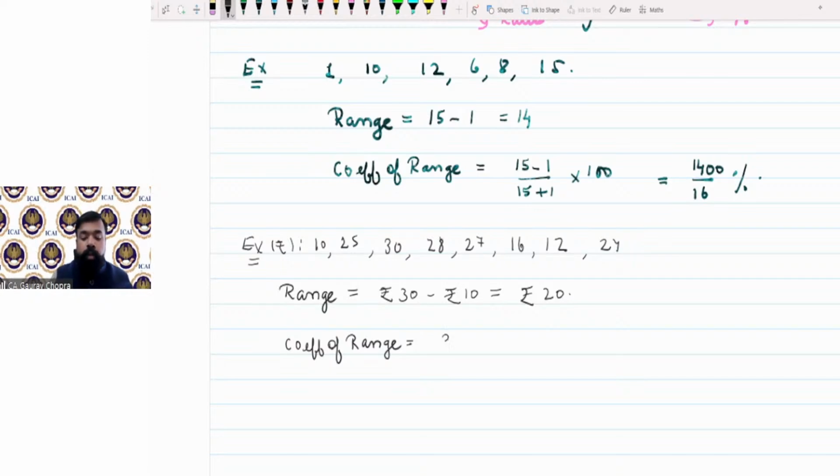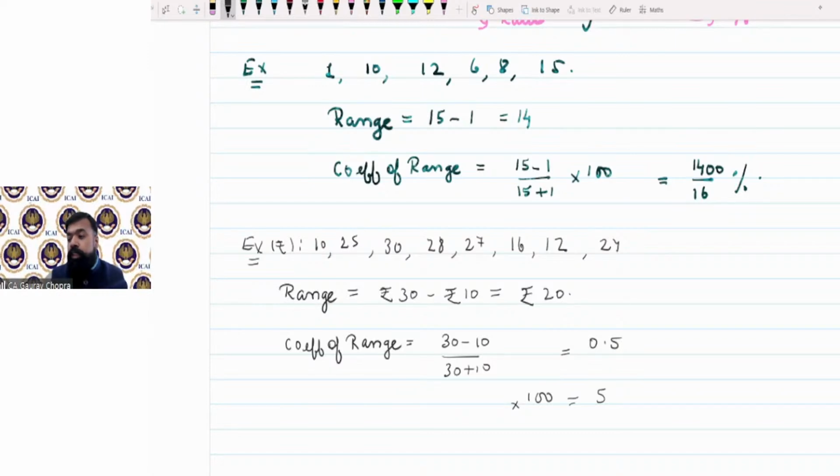Apply the formula H minus L upon H plus L. Now, if you do not multiply by 100, then the answer will come in terms of ratio, so it will give us 0.5. But if you multiply by 100, then the result will be how much?